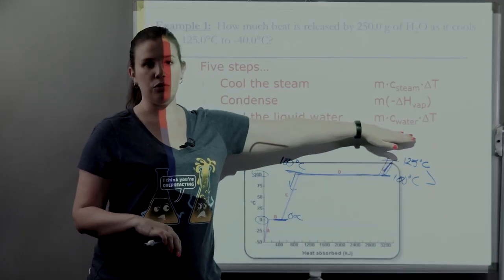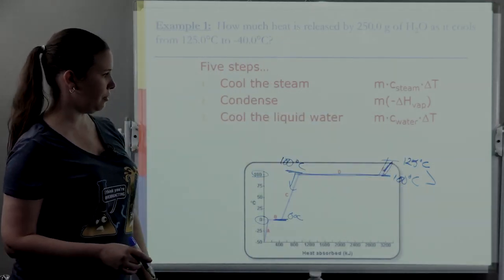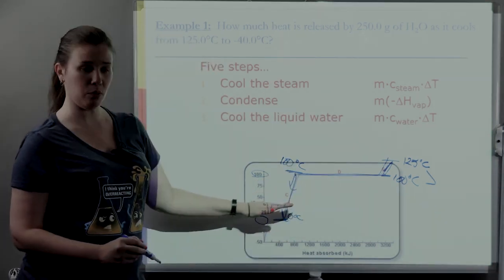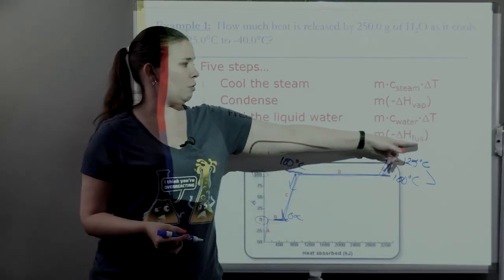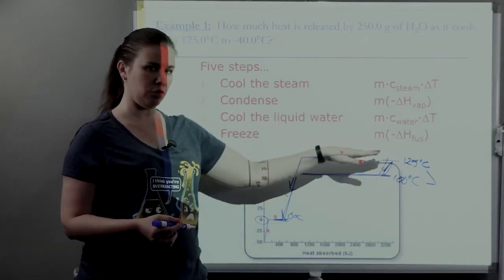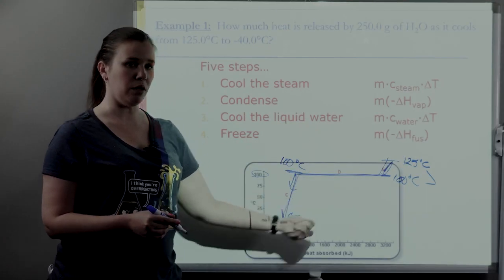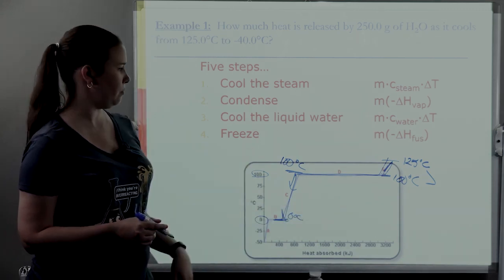And I'm going to use the C that I'm used to for the liquid water. And again, the mass is the same. Once we've made it all the way down to the freezing point, we want to look at the energy to actually freeze it. So that would be our heat of fusion as a function of the mass, and it is negative because it's going from the liquid water into the ice. So the particles must lose energy.